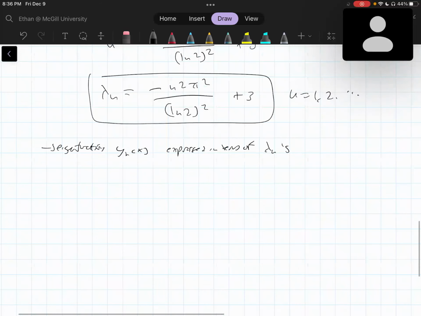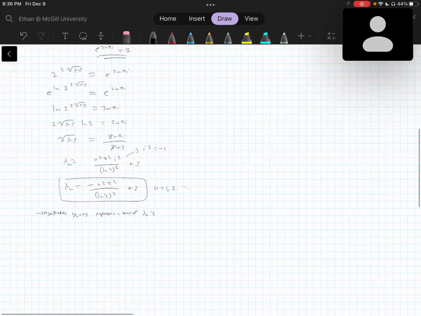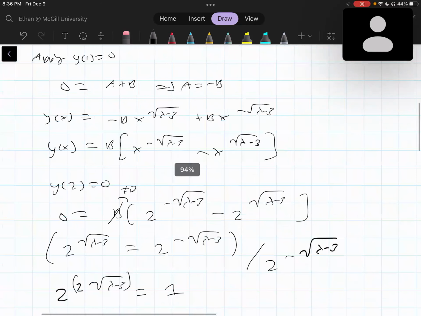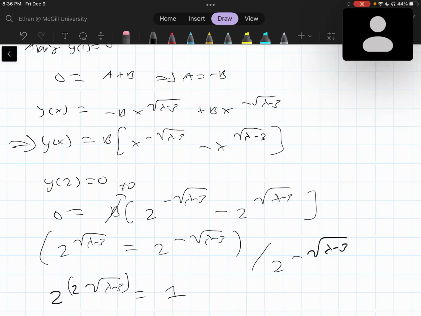So from previously, we saw that y of x, this step here. So we'll use this. We now know what our lambda is. So we're just going to plug that in directly.